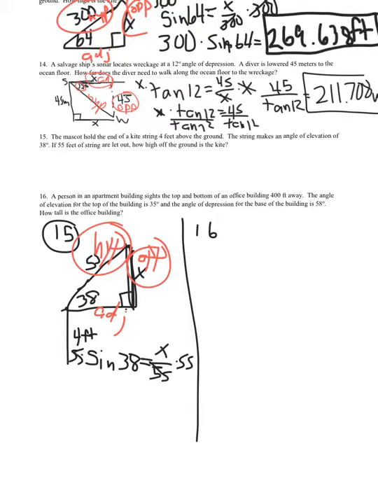Multiply 55 times both sides, and 55 times sine 38 is 33.861. Okay, so that's the length from the kite to the line of sight.